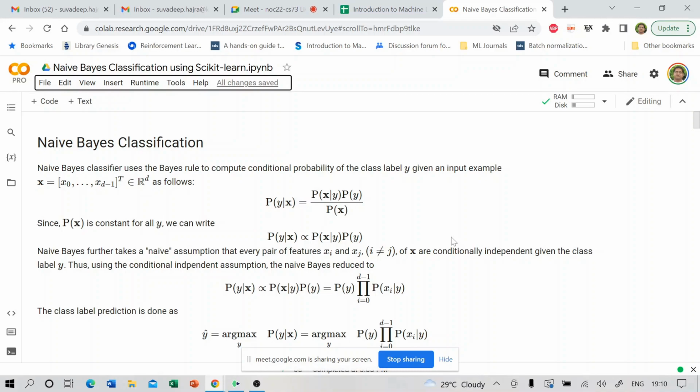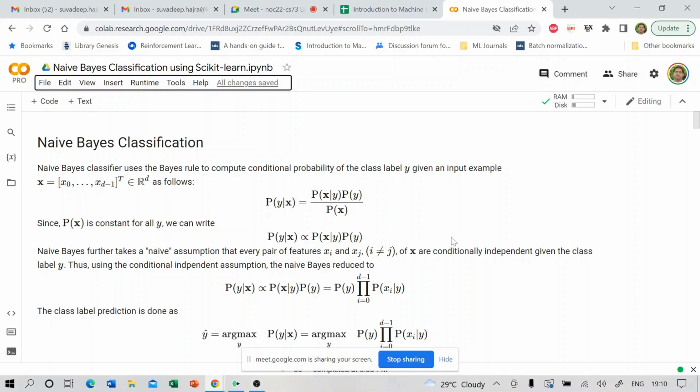Suppose the probability of x given y equal to 1 is generated from the Gaussian distribution with some parameters: 1 over square root of 2 pi sigma 1 squared, e to the power minus (x minus mu 1) squared over 2 sigma 1 squared.